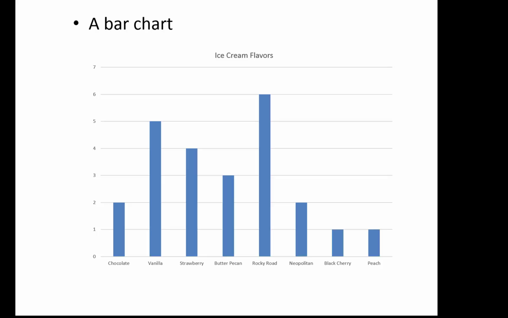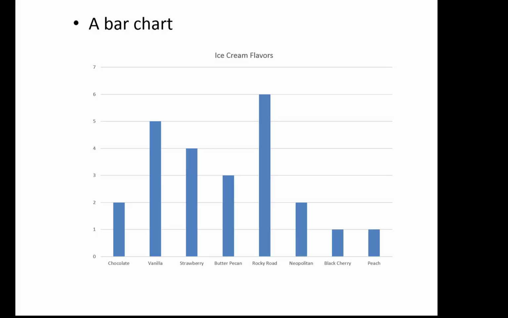A bar chart is a chart that is used to display categorical data. I don't know if you can see this very well, but in this example, the categorical data is ice cream flavors, the preferences of 24 people.